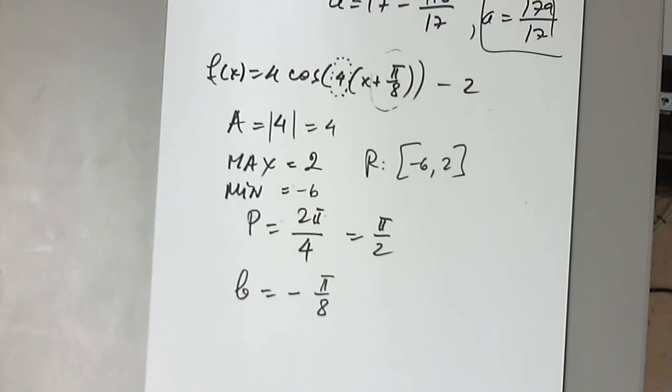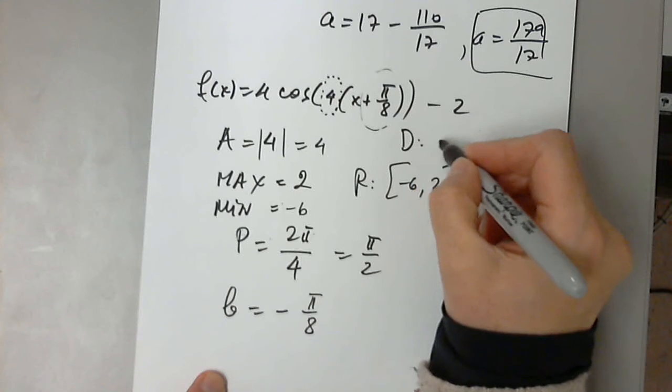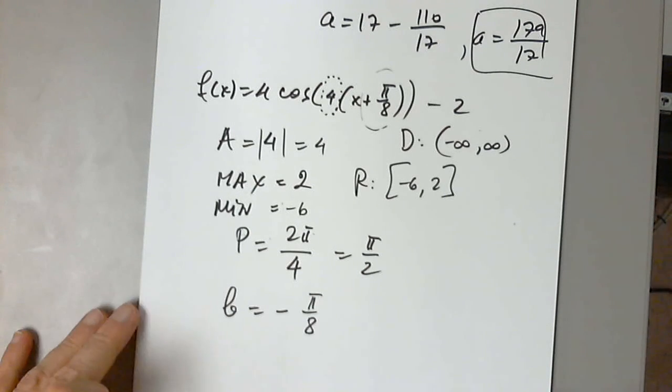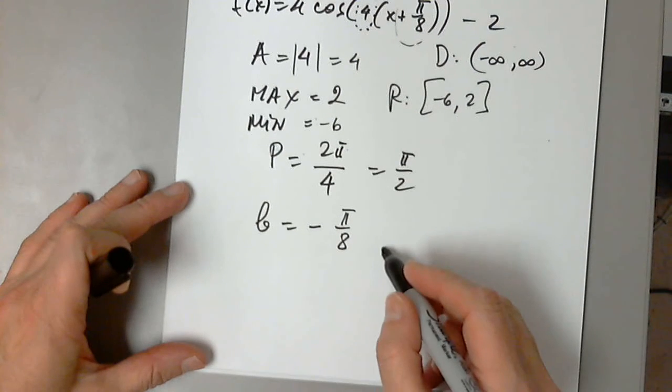So we determine max, minimum, min. Domain, of course, it's all real numbers. And range, we have it. So now we know what to do. So where do we present the graph and how?